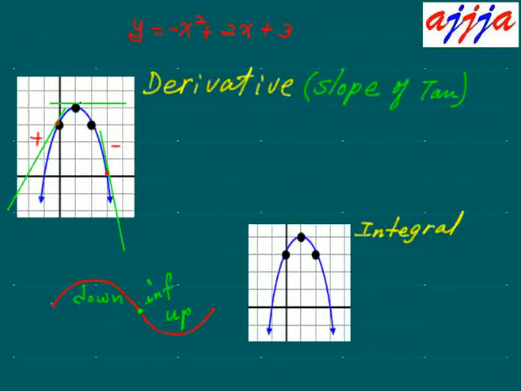What about right here at the very top? That's going to be zero slope. So anytime we find the derivative, set it to zero, then find the x value. That's going to be the top of this curve.